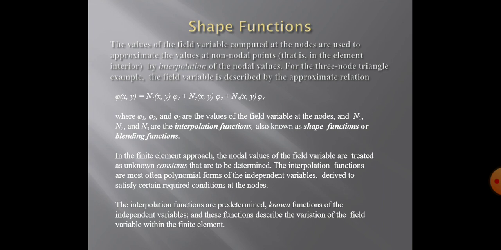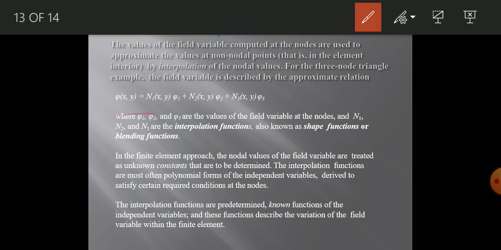You can see this is the one equation where phi1, phi2 and phi3 are the values of field variable at the nodes, and N1, N2, N3 are the interpolation functions, also known as shape function or blending function or interpolation function.